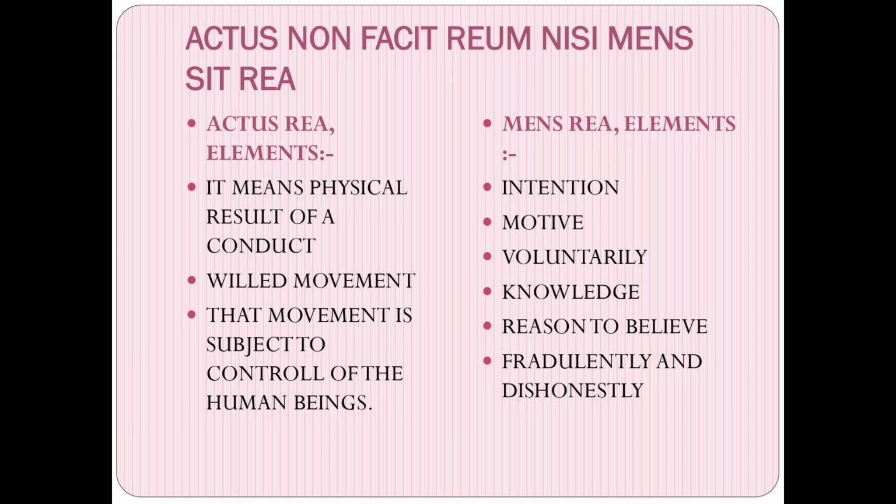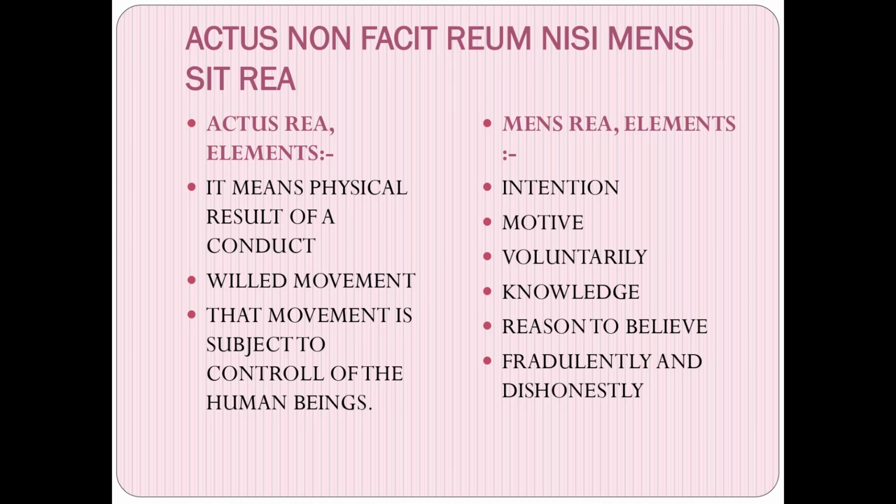That physical force is the element under actus reus, and that movement must be a willed movement. If a person did anything under intoxication, when he is not under his mind's control, that movement is not under actus reus. Under actus reus, a human must do some act which is under the control of his mind.